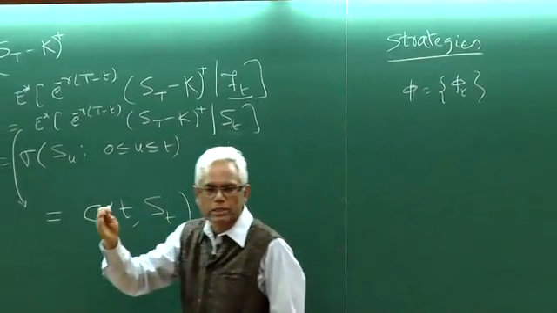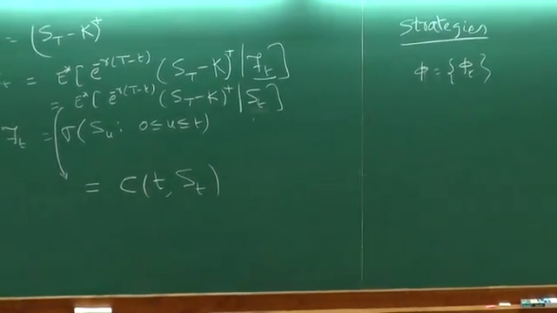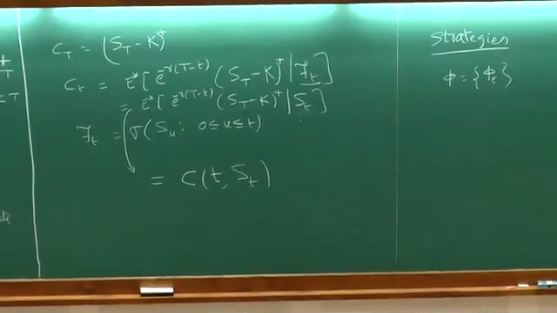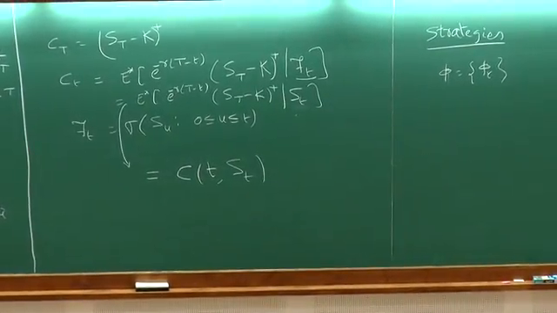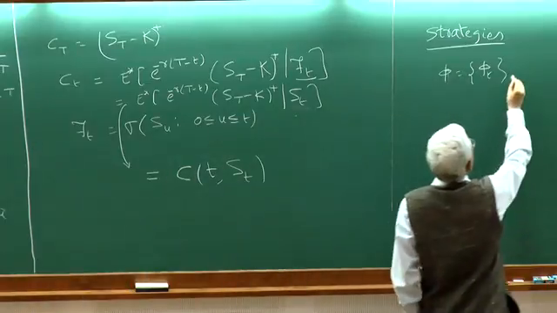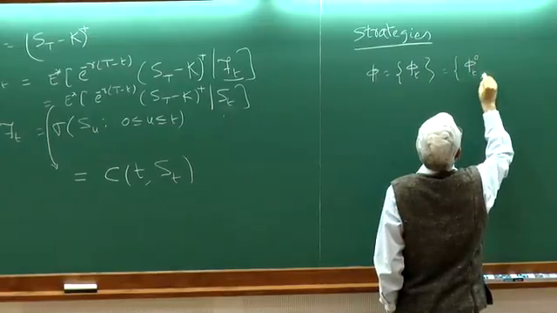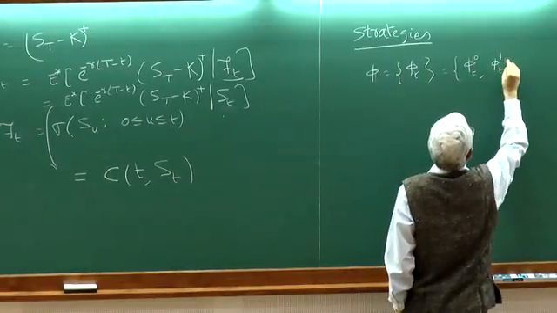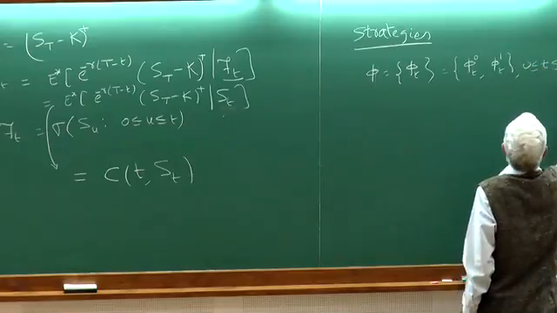Yesterday it was a stochastic sequence, phi 0, phi 1, phi 2, phi 3, phi capital N. Now it's going to be a stochastic process in continuous time, phi t, where phi t will have two components, phi 0 of t and phi 1 of t, where t lies between 0 and T.